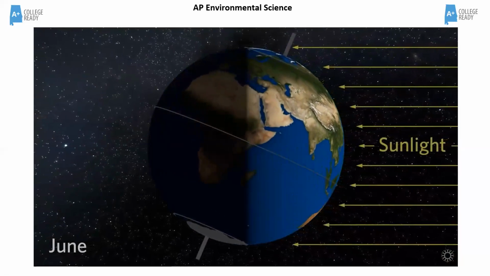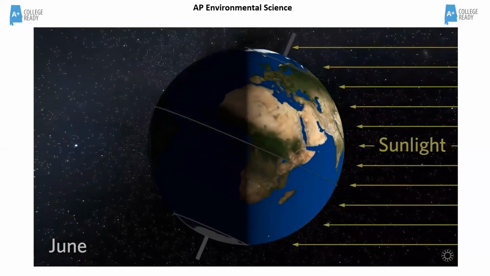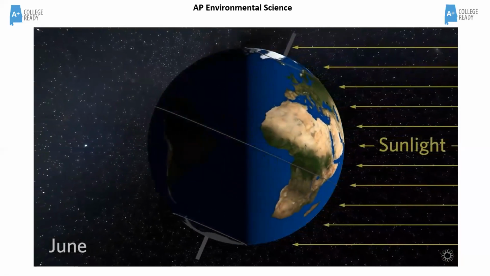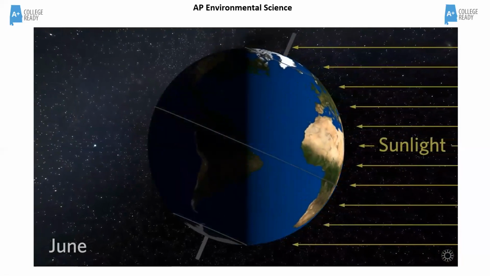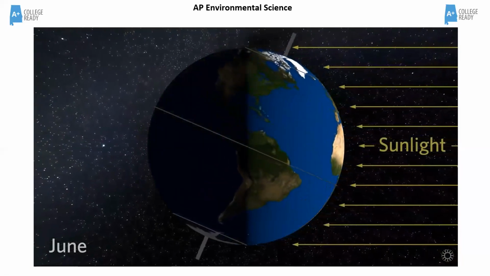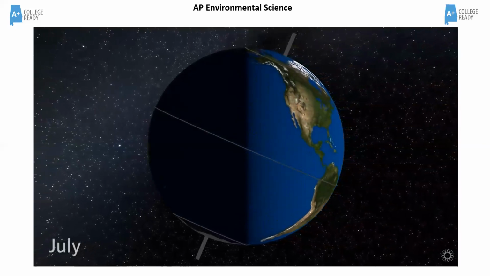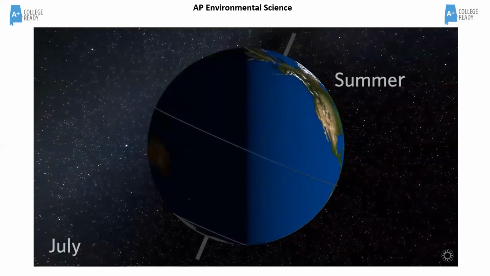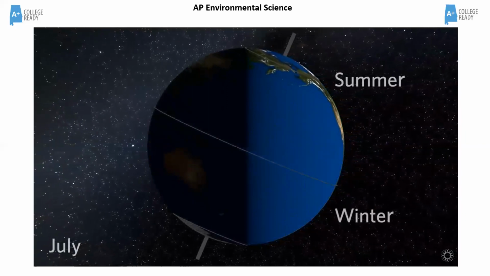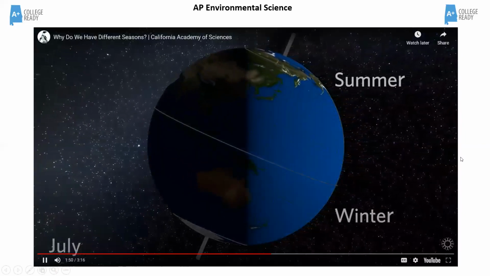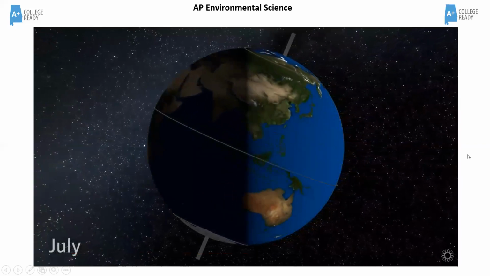Sunlight strikes the northern hemisphere more directly, and the sun stays in the sky for a longer time. Compared to winter, summer days are warmer, and the sun stays in the sky much longer. Notice, too, that while it's summer in the northern hemisphere, it's winter in the southern hemisphere. Because of Earth's tilt, the seasons are reversed.